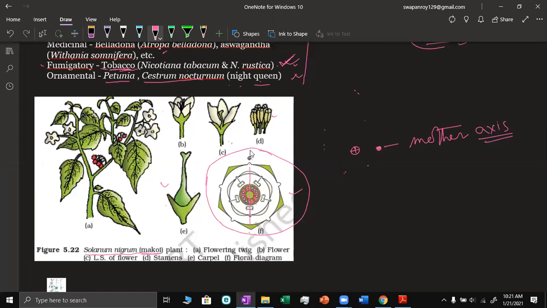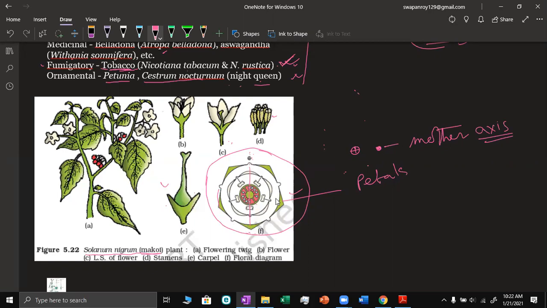Without this, the floral diagram is incomplete. This mother axis is drawn on the posterior side of the floral diagram. This is posterior and opposite to this is anterior. So the mother axis is in the anterior-posterior line, at the posterior side at the top. The outermost ring is the calyx. Sorry, these are not petals, these are sepals.